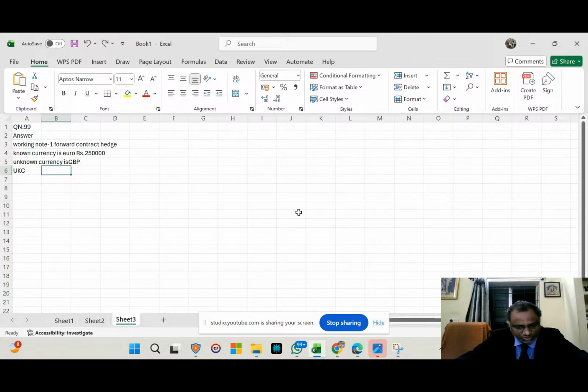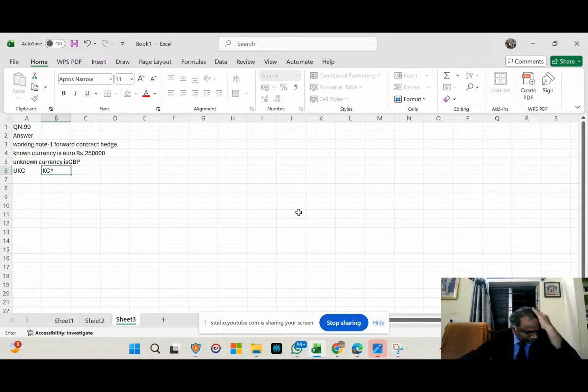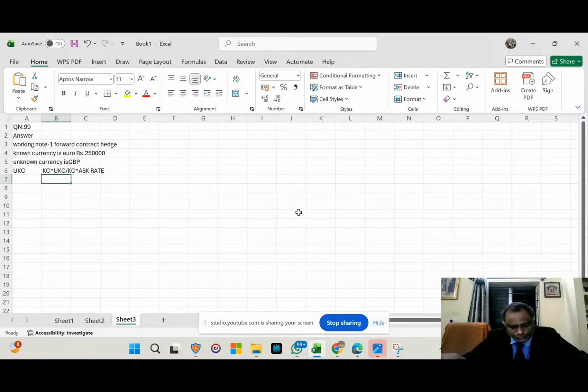Unknown currency is equal to known currency into unknown currency divided by known currency into ask rate. This is what we are going to do, my dear friends.